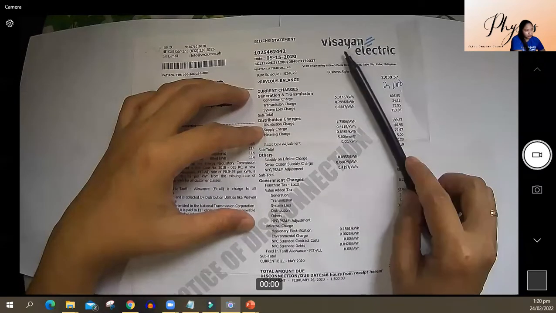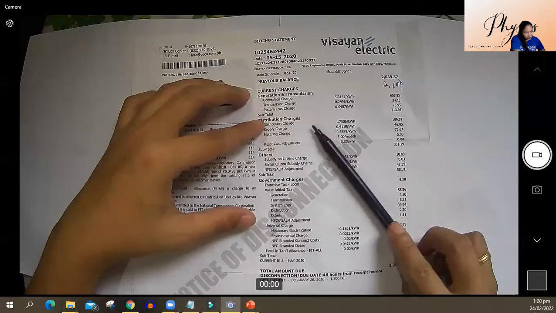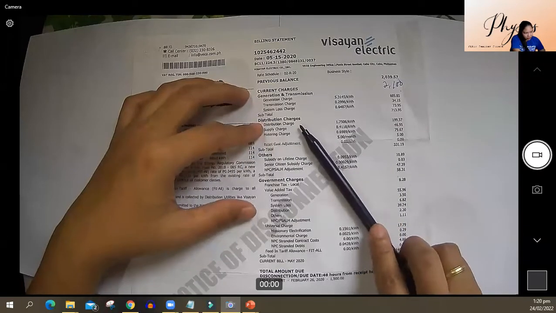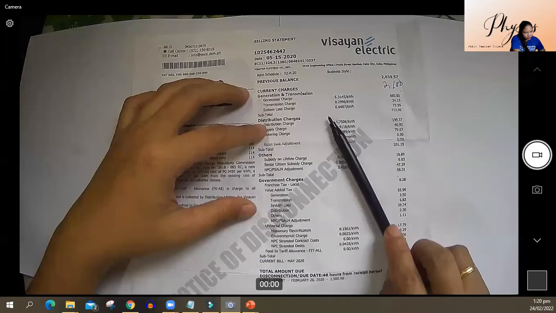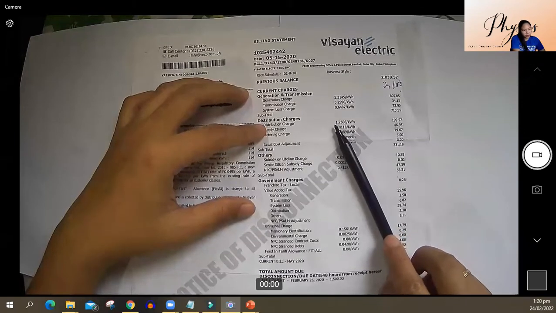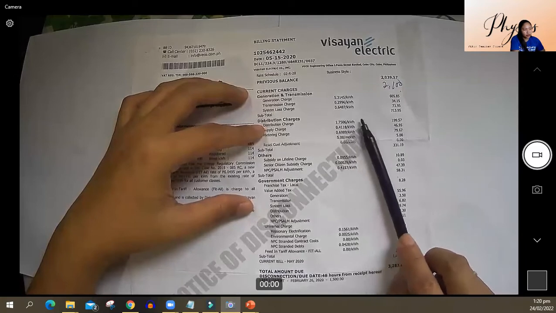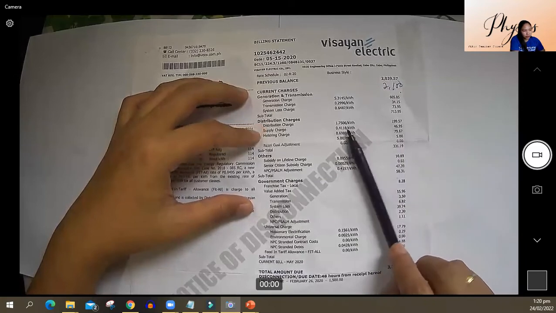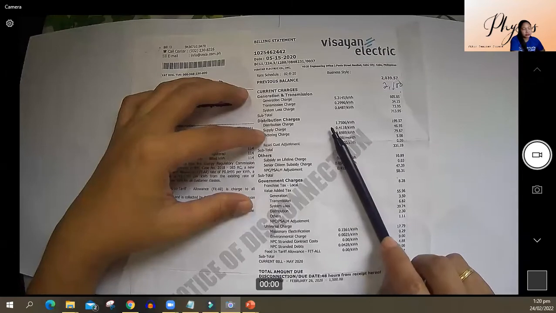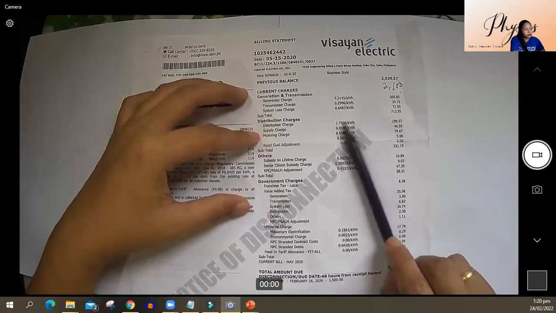Under distribution charges, you will also see the price per kilowatt hour, and it will give you your bill for your usage. So this is the cost of getting power from VECO.